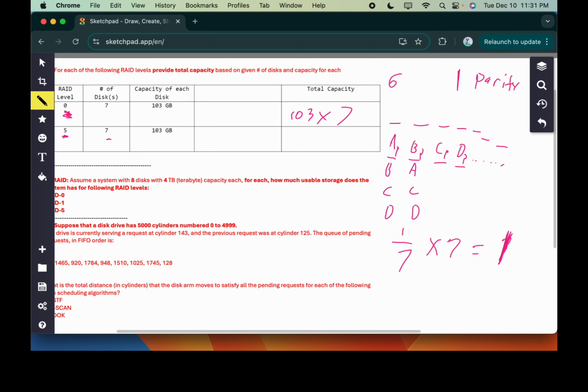So if there's 1 parity, there's 6 usable data disks. 6 times 103. That's also the same answer for 2, 3, and 4. While we're at it, let's do 6, because that one would be different. That would be 2 parity, and 7 minus 2 is 5 data.